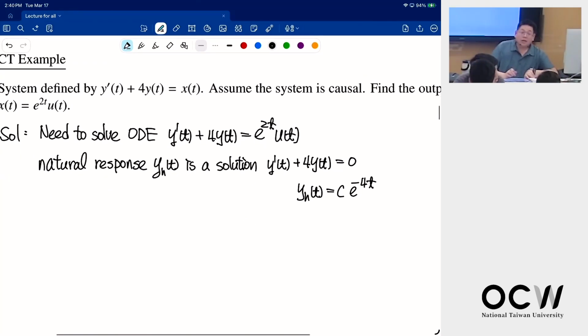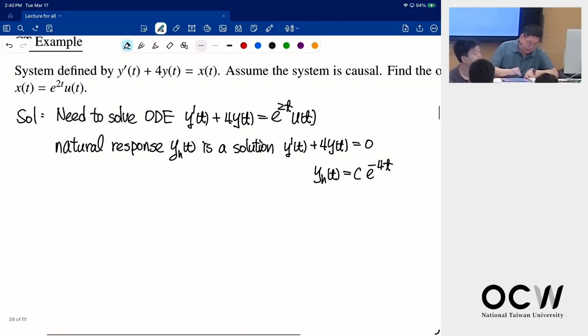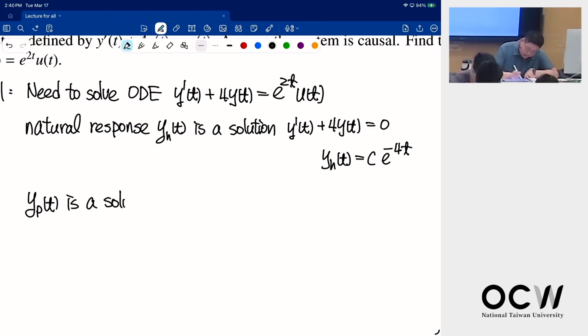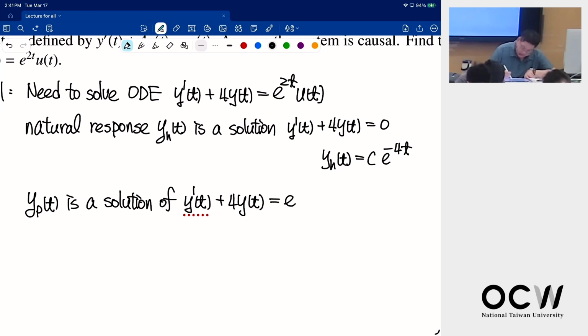Then we need a particular solution. So the particular solution yp is a solution of y prime plus 4y equals e to the 2t and unit step function.